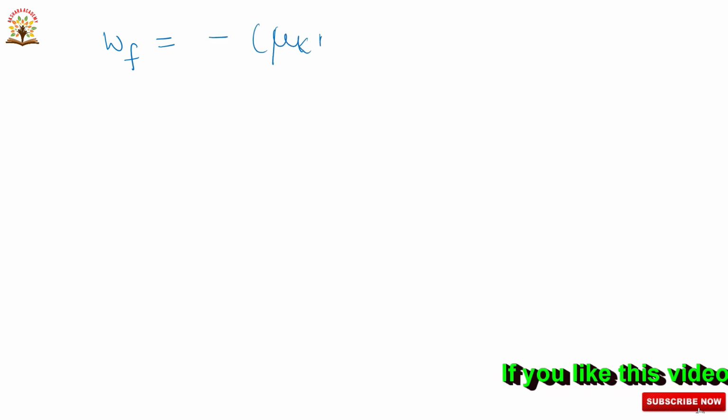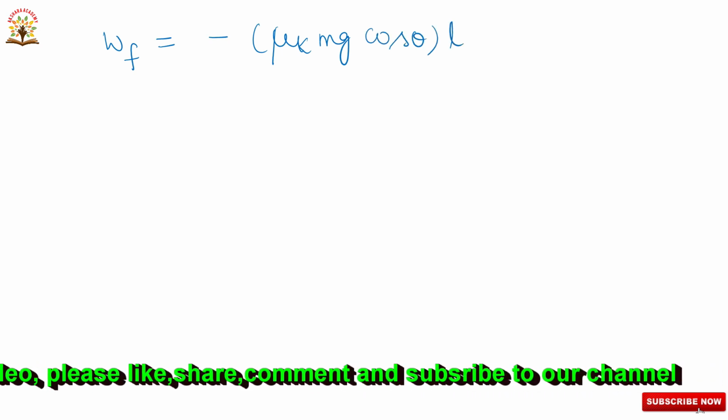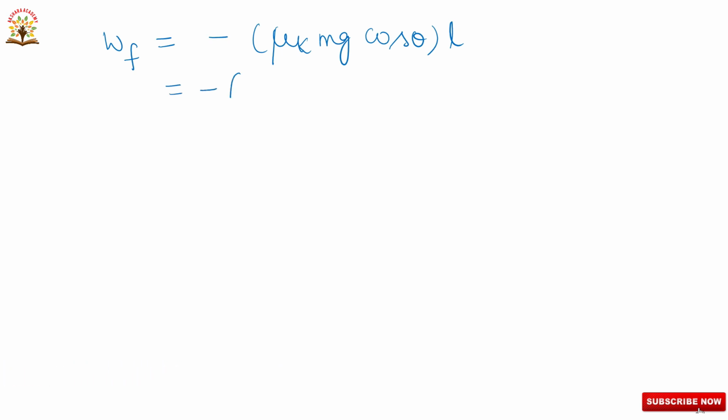So now the work done by the friction, Wf, is equal to minus mu k mg cos theta into L. So that is equal to minus 0.3 into m 10 and g 10 and cos 45 degrees, and L is given as 5.